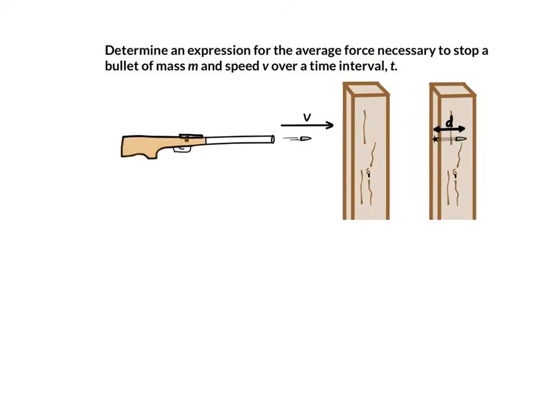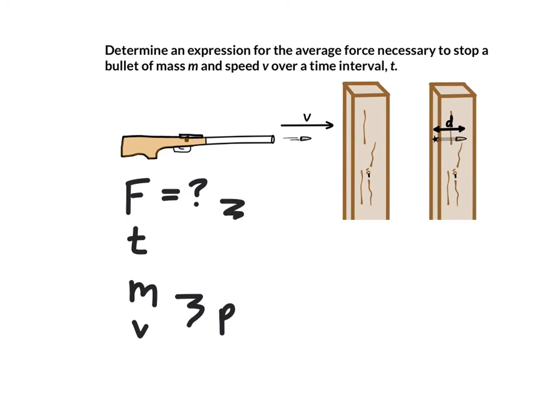Now that question could have easily been about momentum and impulse if we just changed one or two words. So now let's pretend we were given a time interval instead of displacement. And you're trying to figure out, is it an energy problem, is it a momentum problem? The problem is still asking for force, and the other things you're given are time, mass, and velocity. So mass and velocity, those could be an indicator of momentum or energy.